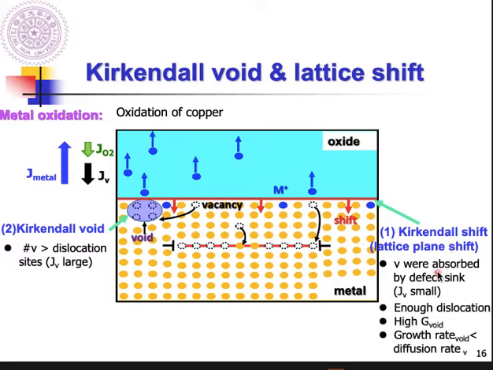But some people will ask me, in what kind of situation will we see more lattice plane shift than void formation? If in your materials there are enough dislocations, enough crystal imperfection sites to be replaced by the vacancy, then probably you will observe more lattice plane shift.